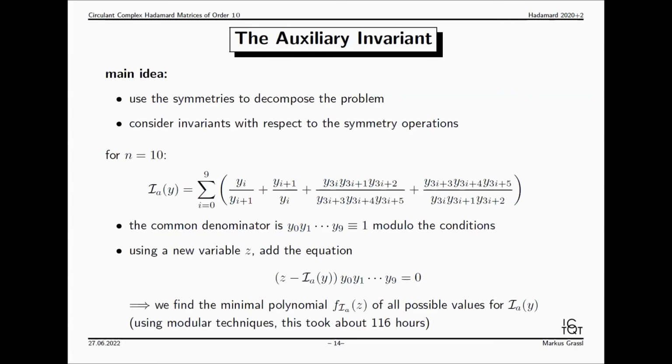And how are we using this symmetry? We are trying to use the symmetry to decompose our problem into irreducible components, or say into smaller components. For that, we consider an invariant, actually only one, you could use more of them, with respect to the symmetric operations.